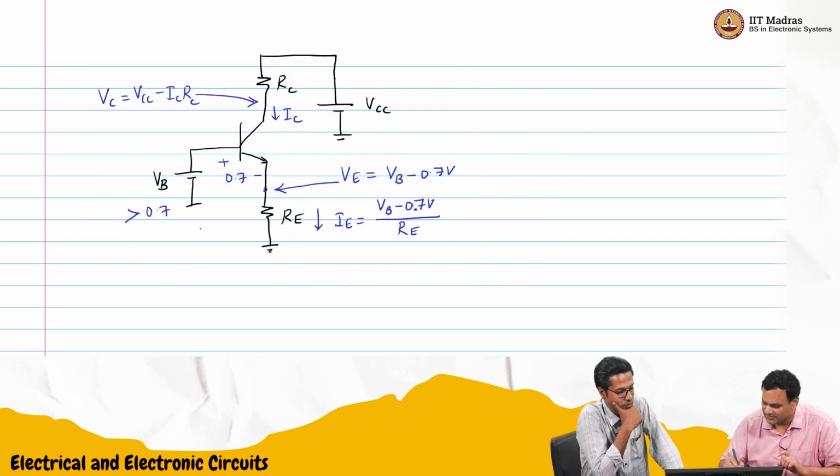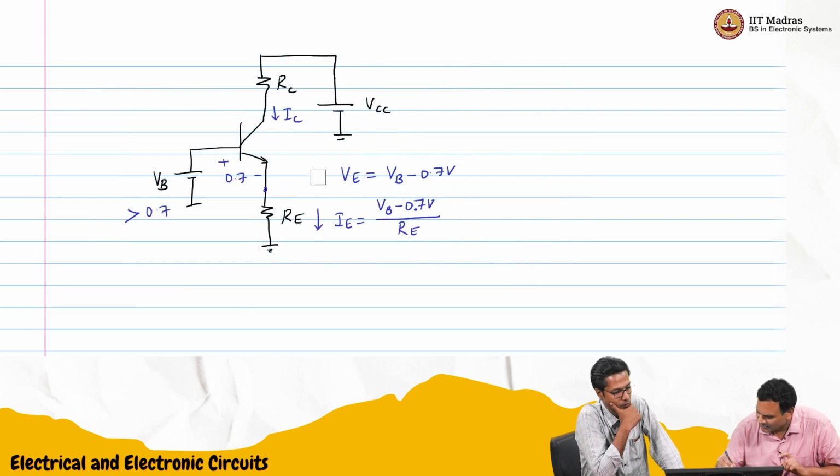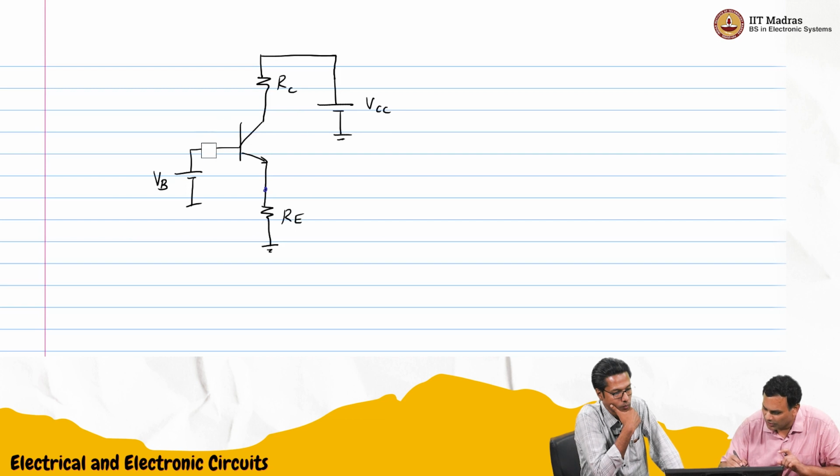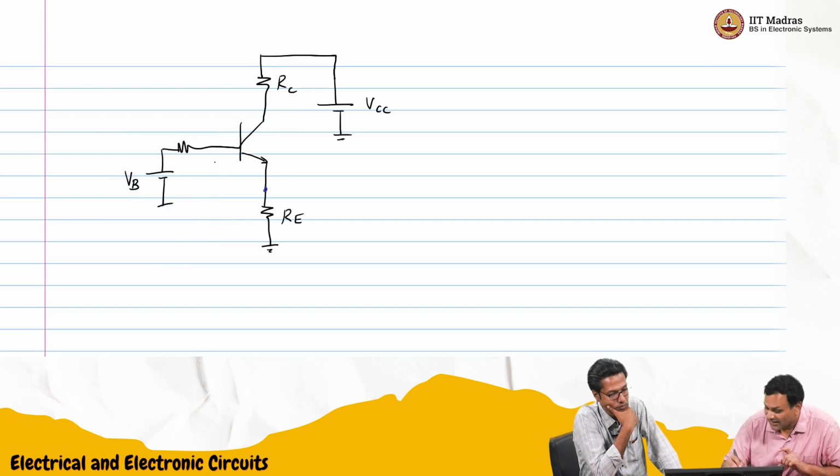So if I have like this, I'll remove this portion. It's getting very busy. So now all I have to do is add a Thevenin equivalent here. And this can carry IB.